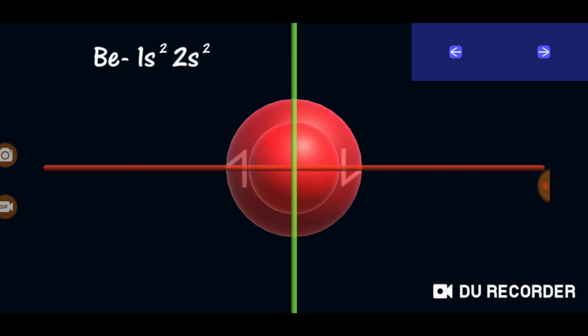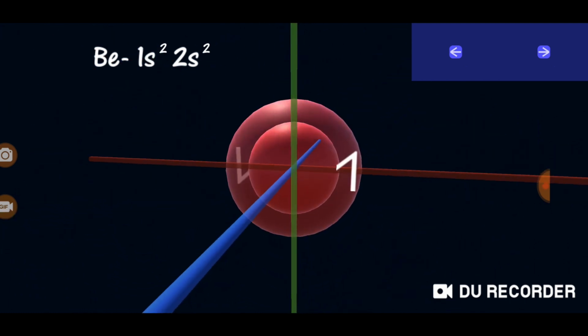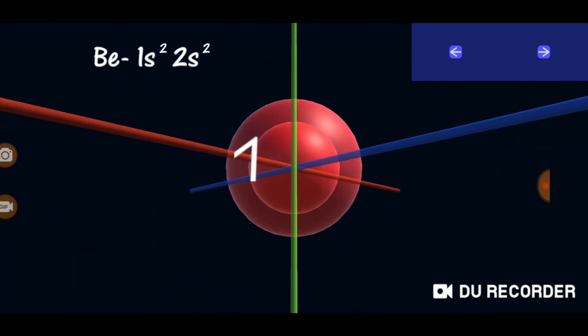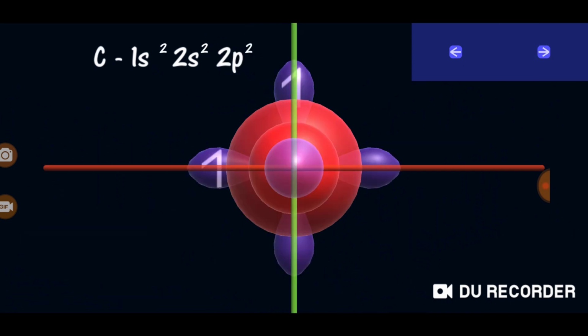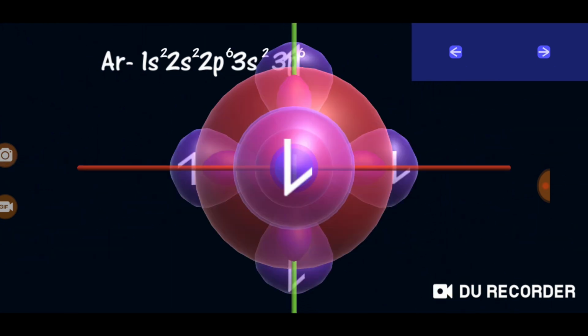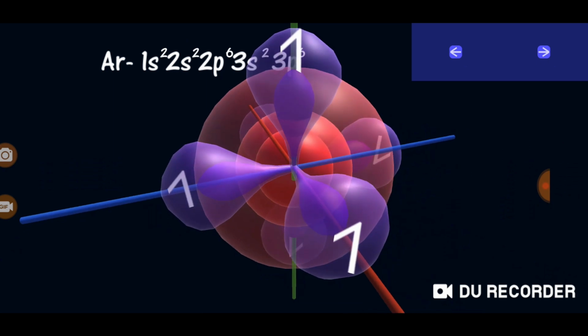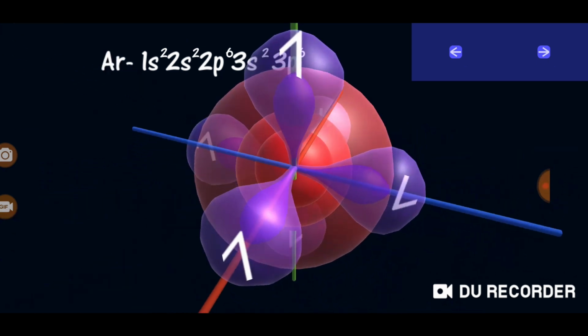This is the beryllium, and here you can see the electronic configuration with 1s2 and 2s2. So it has 2 s orbitals, and electrons can be visualized. Then this is the carbon atom. Argon, you can see 2 p orbitals, one overlapping the other.